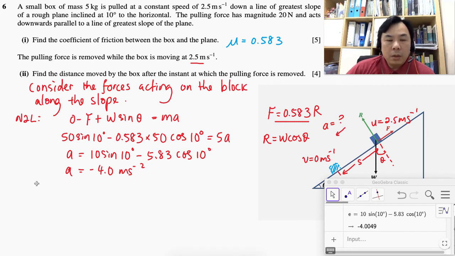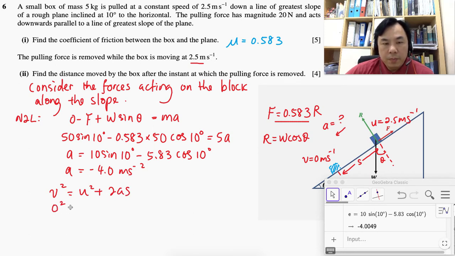And then lastly, I can use the kinematic equation, or SUVAT equation, as you like to call it, to find the distance moved. We know that the final velocity must be equal to 0. The initial was 2.5, the acceleration is -4, and the distance moved is the one that I'm interested to obtain here.